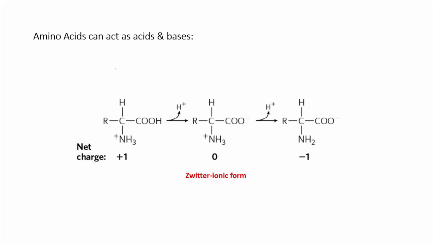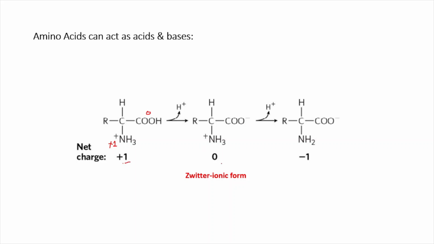Now these amino acids can also act as acids and bases. How? Let's look at them. First, if we see the structure of this amino acid, the NH3 plus group has a charge of +1 and the COOH group has a charge of 0, so altogether the overall charge becomes +1.